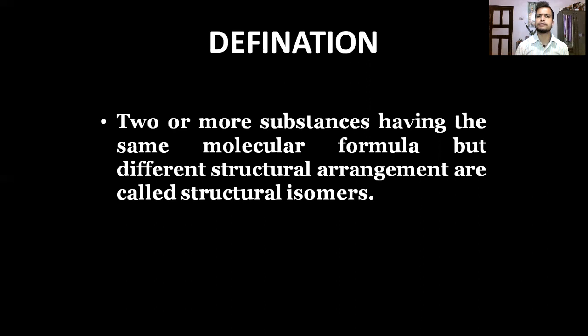Sometimes the bonding between the metal and the ligand is different. Sometimes the counter ions are different. But altogether, their composition will be exactly the same. They will have the same chemical formula but different structural arrangements. That is why we call them structural isomers.